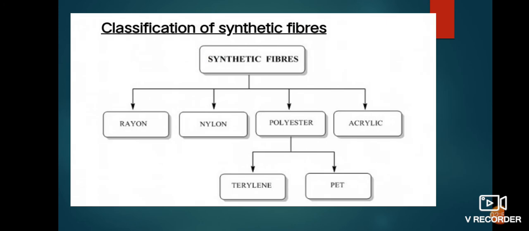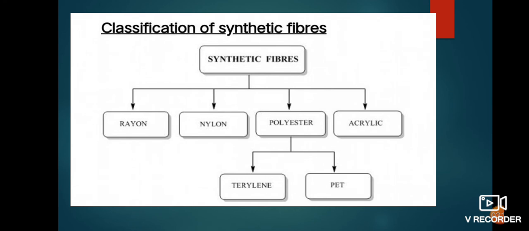Next is the classification of synthetic fibers. Synthetic fibers can be divided into four types: rayon, nylon, polyester and acrylic. Then polyester can be divided into two types, that is terylene and PET.